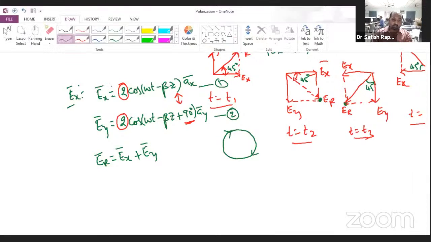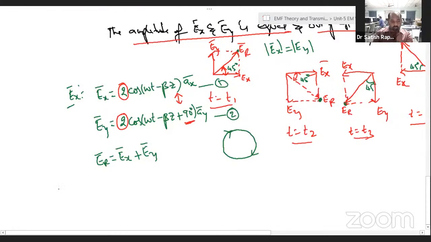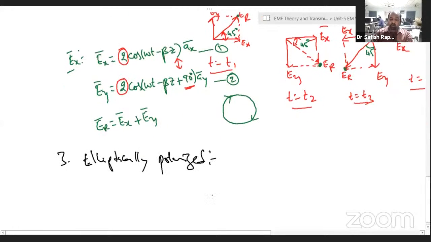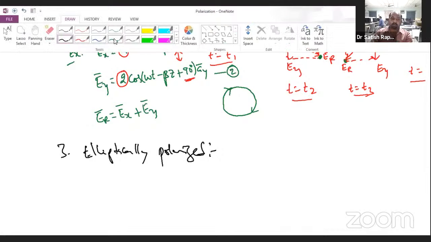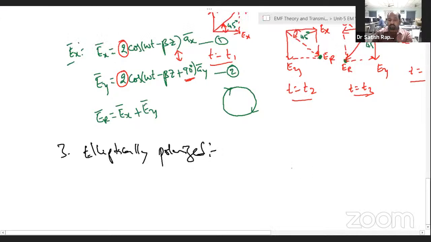Now elliptically polarized, the third one. Elliptically polarized in the sense what? The electric field orientation is an ellipse.